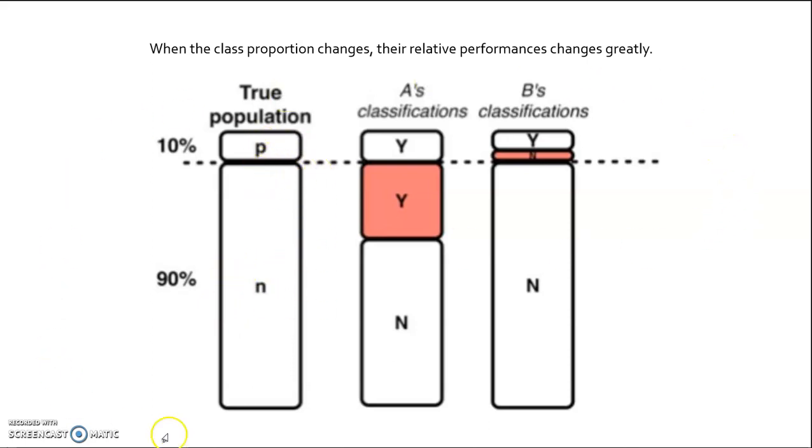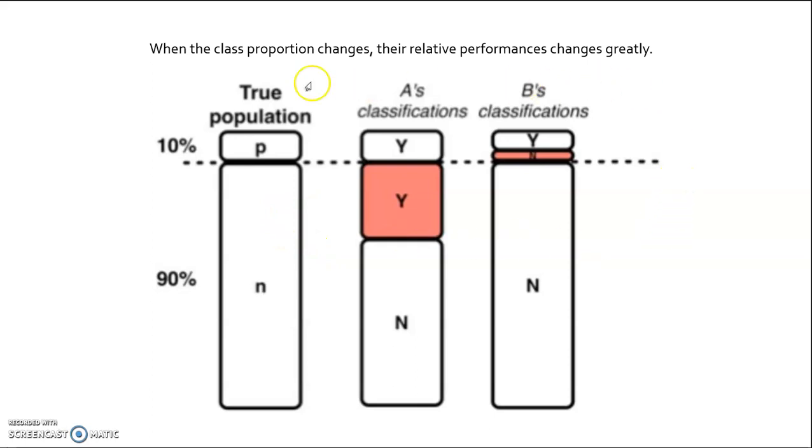In reality, this is usually the case, because the positives are usually rare, remember, and the negatives are usually in abundance.